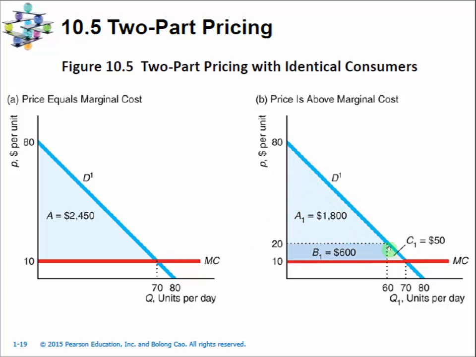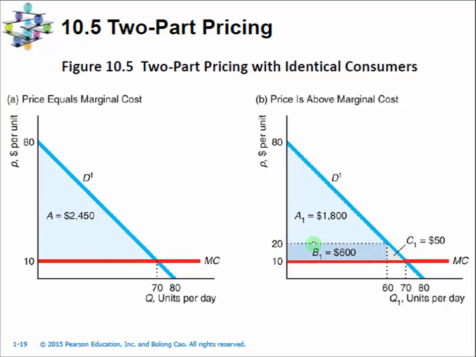The problem is that when you price the product above the marginal cost, the consumer no longer wants to buy 70 units, and that reduces the total available consumer surplus to extract. When you set the price equal to the marginal cost, you have a consumer surplus of 2,450. That's all the money that can be extracted from the consumer.